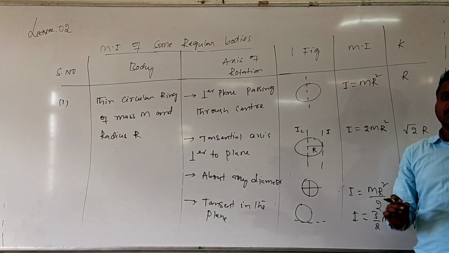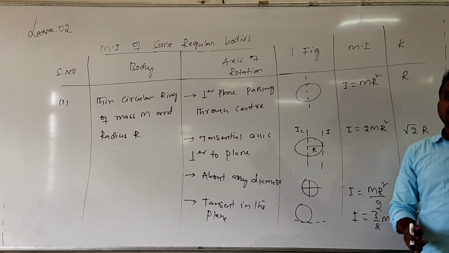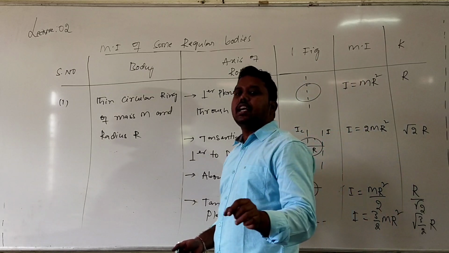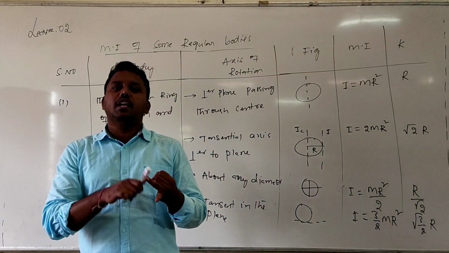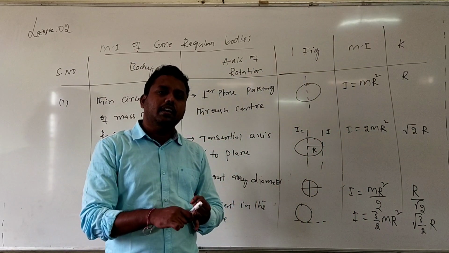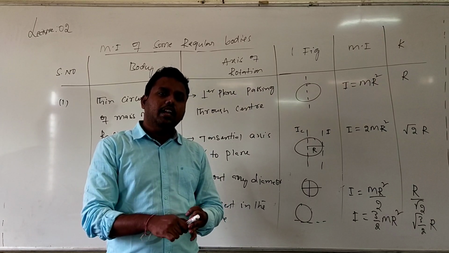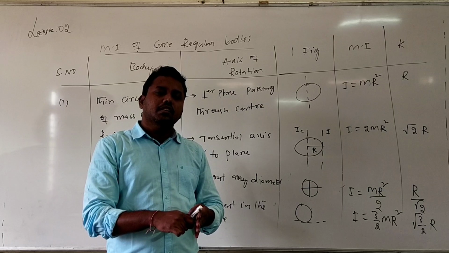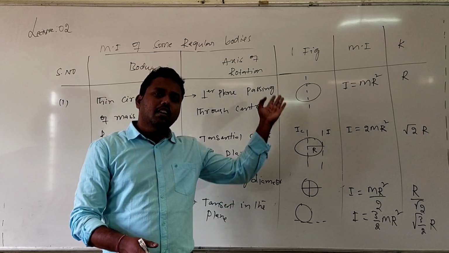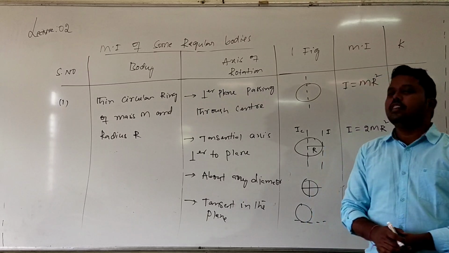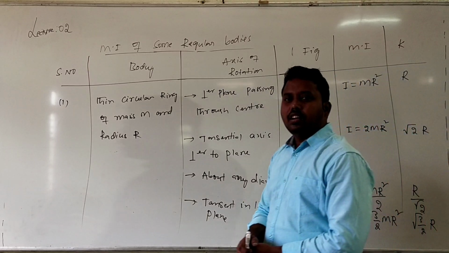Whenever a question is based on a circular ring, first check about which axis: an axis passing through the center perpendicular to the plane, an axis passing through the center in the plane, an axis tangential perpendicular to the plane, and an axis tangential in the plane. These are the four cases related with the circular ring. So, first one, understood now?